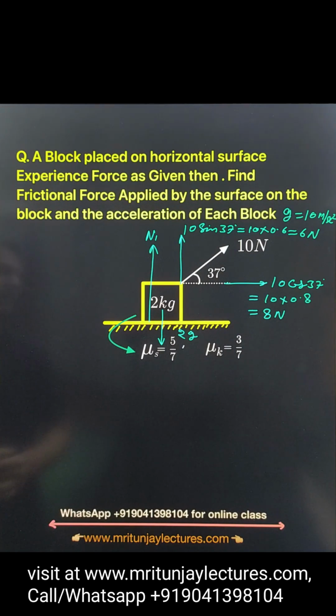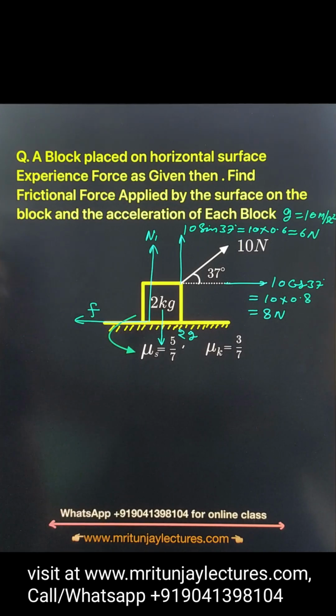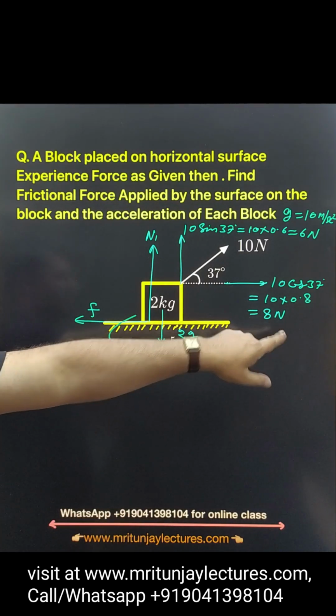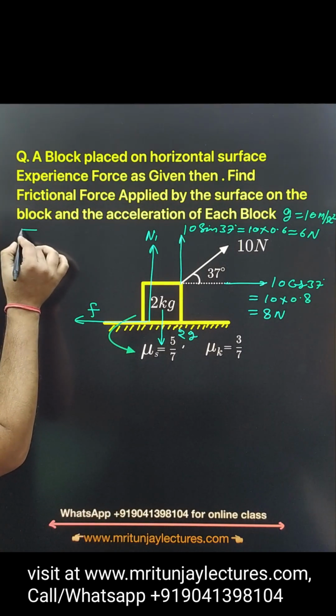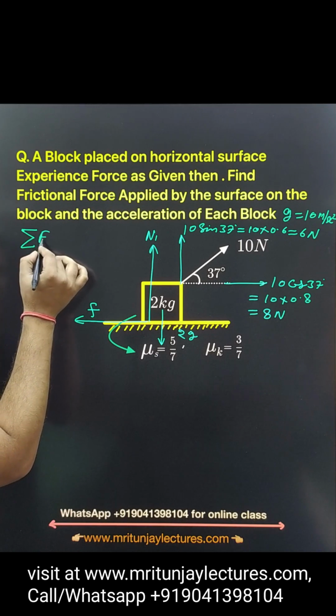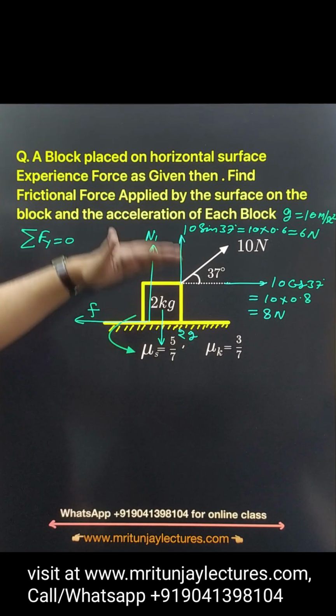Okay. Now, frictional force always opposes the driving force direction. Driving force, that one. So the net force in the y direction is 0, because this block is not moving in the y direction.